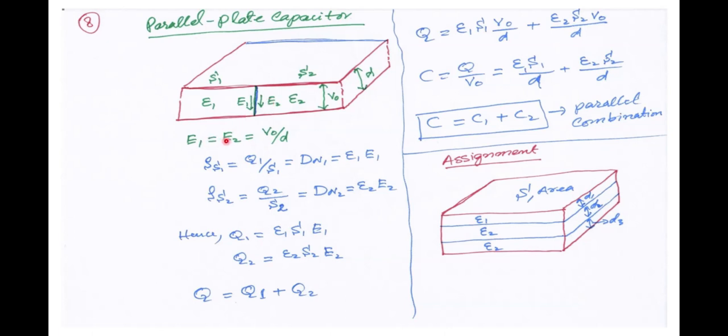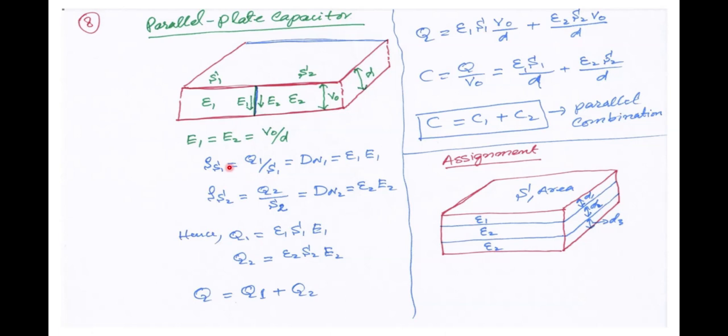So E1 is equal to E2, which is equal to V naught divided by d. This represents the electrostatic field in material 1 and material 2. But right now the interface between the two dielectric materials is in the normal direction to the conducting sheets above and below.